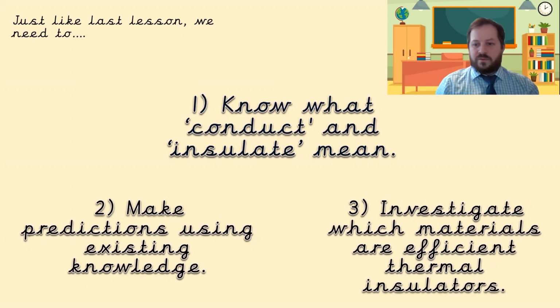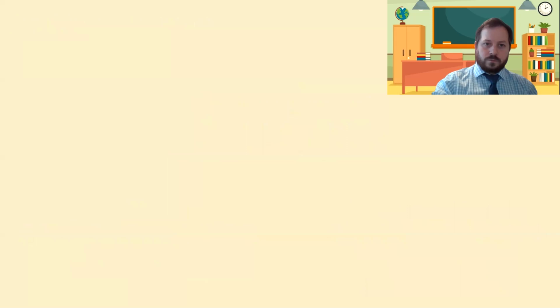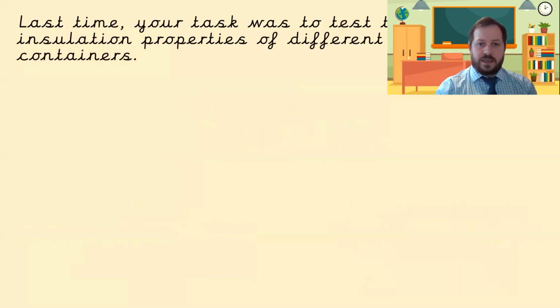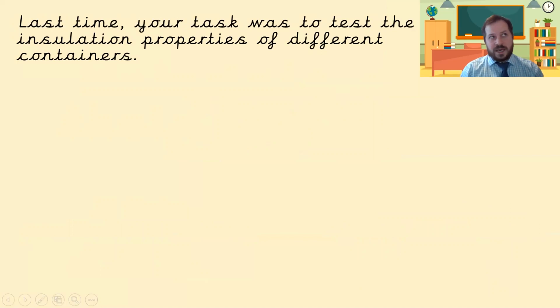And then we're going to investigate which materials are effective thermal insulators, and that's what we're going to talk through now. So, just a recap from yesterday, your task was to test the conductive or insulative properties of different containers.